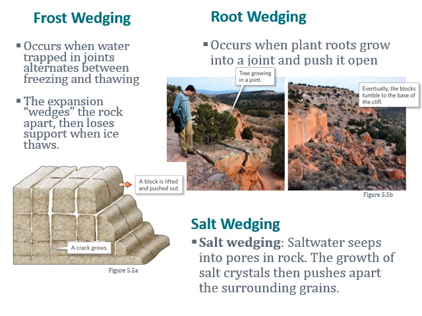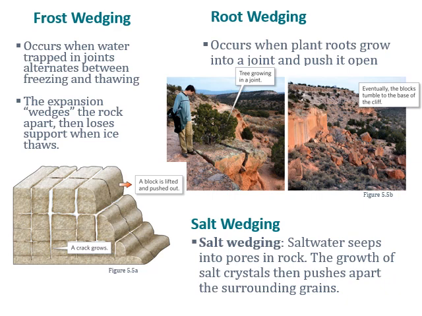Root wedging is similar but occurs when plant roots grow into joints and push them further open. The picture on the right shows what looks like maybe Bryce Canyon National Park in Utah, where a juniper tree root has started to push a boulder off of a cliff as it's growing, and we see on the right-hand most side the result of a lot of this root wedging, where the boulders have fallen off the cliff and scattered about below.